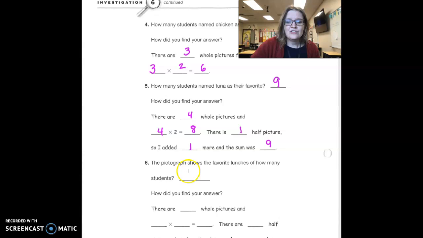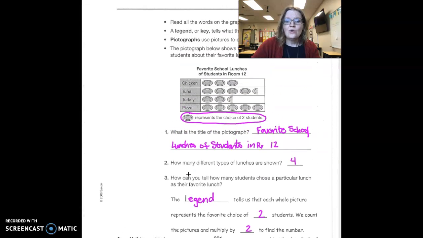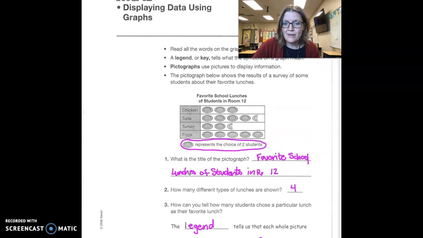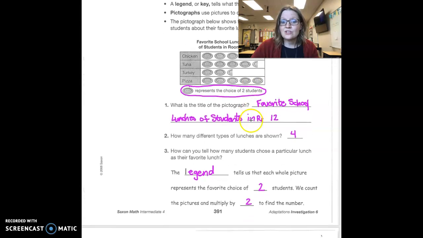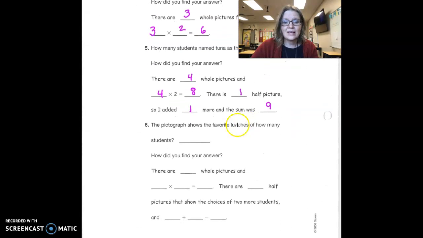The picture graph shows the favorite lunches of how many students? Good question. Let's go back and look. We can figure out how many students based on the number of plates that we have. So let's count how many plates. I'm going to count wholes first. 1, 2, 3, 4, 5, 6, 7, 8, 9, 10, 11, 12, 13, 14. 14 plus 2 halves give me a total of 15 plates.